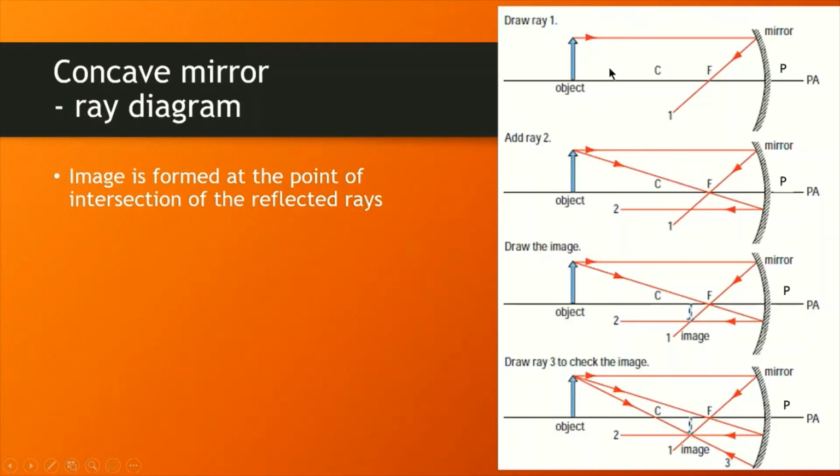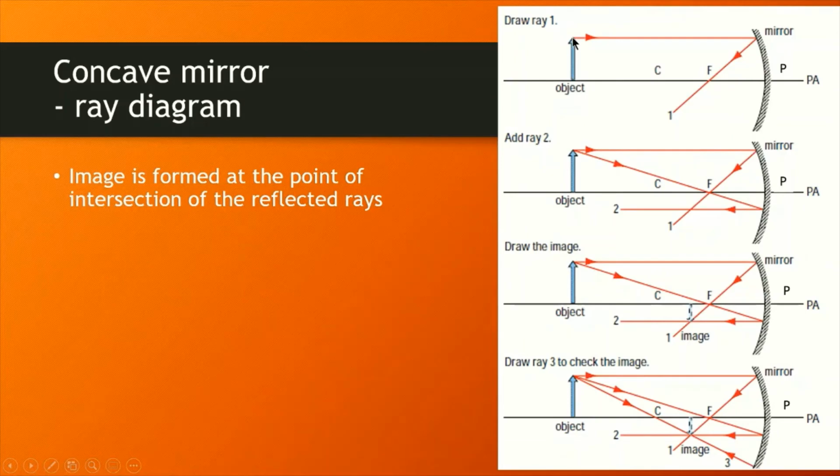Okay, now I break it up into separate diagrams. So ray P passes through F. So we draw a second ray. Now, when we draw this ray, the incident ray must come from the object, right? Because we want to draw the image of the object. So first, the object.